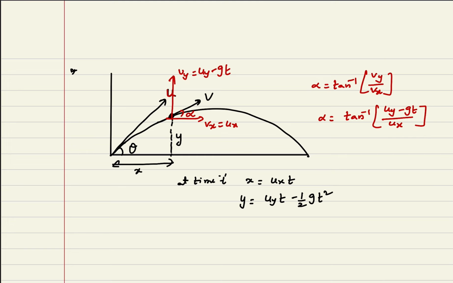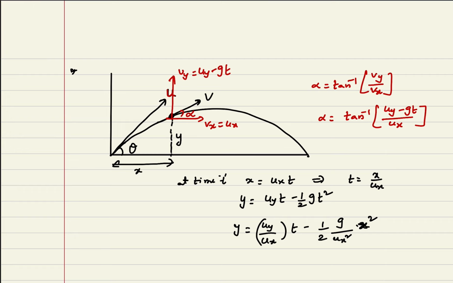Now if you substitute the t value here, t equal to x divided by ux, y is equal to uy divided by ux into x minus half into g divided by ux square into x square. Here t square can be written as x square by ux square.